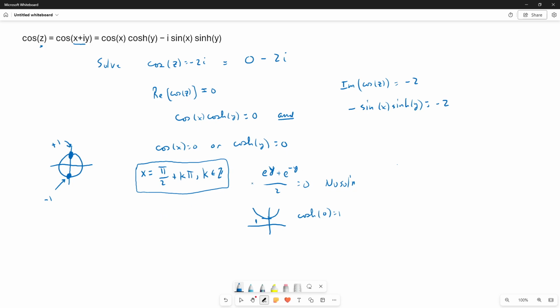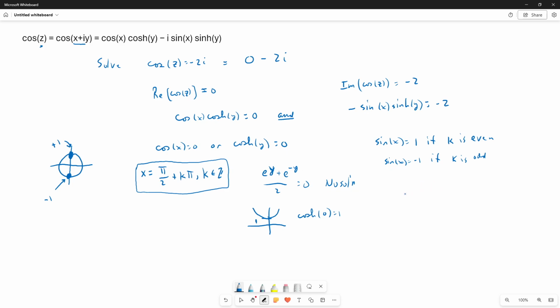So the sine of x will equal 1 if this value of k here is even, like 0 or 2 or negative 2. And the sine of x will equal minus 1 if k is odd. That will put us down at the bottom.